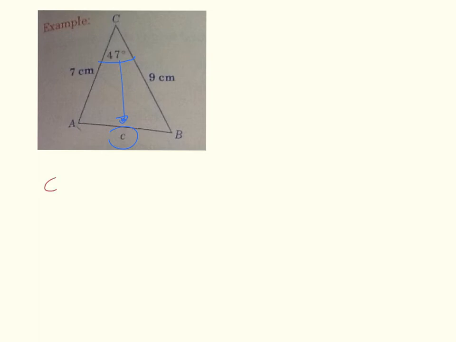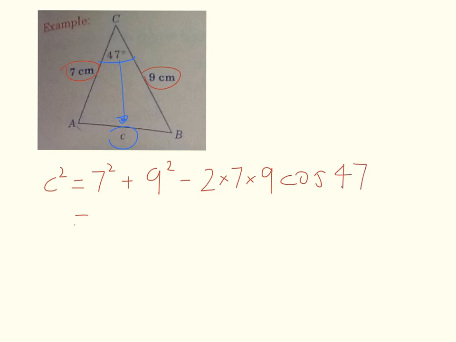So we end up with C squared equals A squared, 7, plus B squared, 9. Once again, it doesn't matter what order those two go in, because we're going to square them and then multiply them. So I have cosine 47. Okay, let's put all that in our calculator.